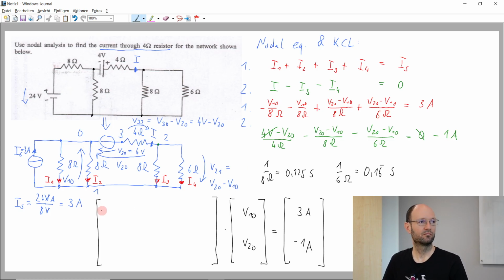So minus 1 over 8, minus 1 over 8, minus 1 over 8, and minus 1 over 6. My drawing pad is lagging a bit. And what is associated with the V2 is plus 1 over 8.